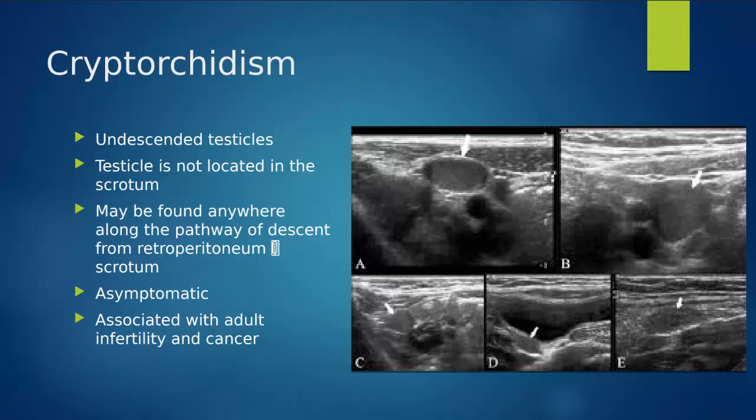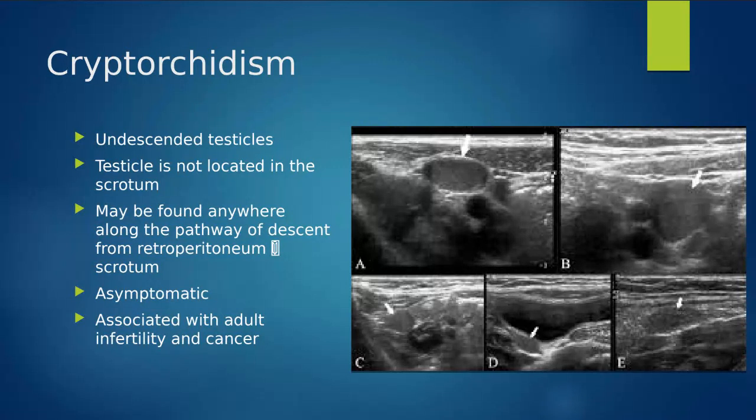Moving on to our cryptorchidism. This is also known as undescended testicles. We're going to talk about this quite a bit when we get into OB as well, but this is when our testicle has not fully descended into the scrotal sac, and that means that it is going to be positioned anywhere along the pathway between the retroperitoneum and the scrotal sac.